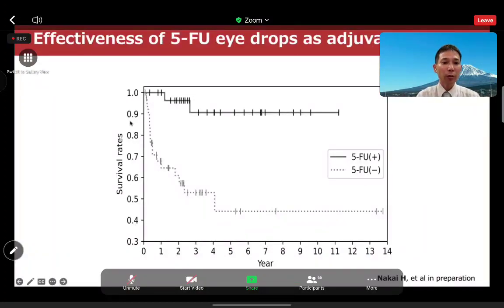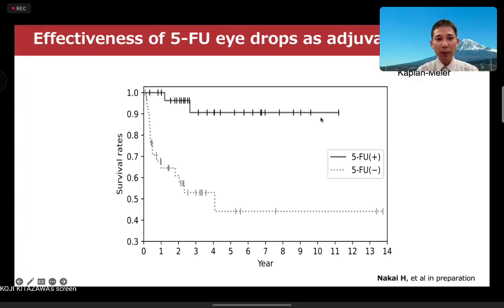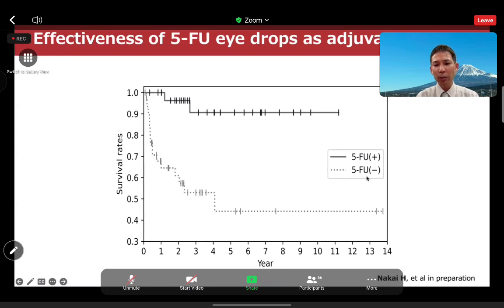And then also this survival rate did show that the 5-FU treatment actually improved the survival rate, which is 90% of the success. And then, if you didn't use the 5-FU treatment, the survival rate will go down to almost 40% of success.